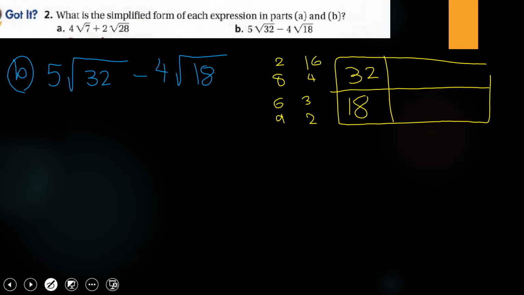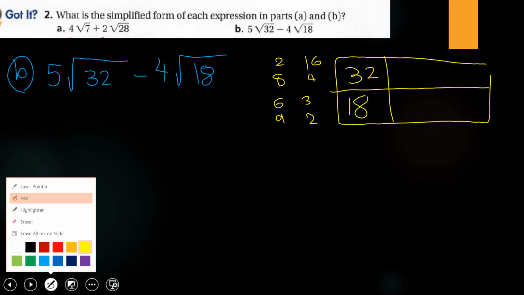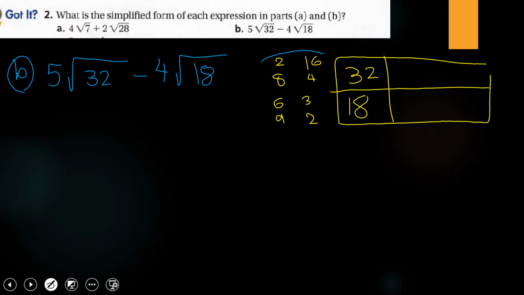Now, I want you to choose two pairs of factors that have one of the numbers in common. I will repeat. These are the two pairs for 32, the blue one and the red one for 18.